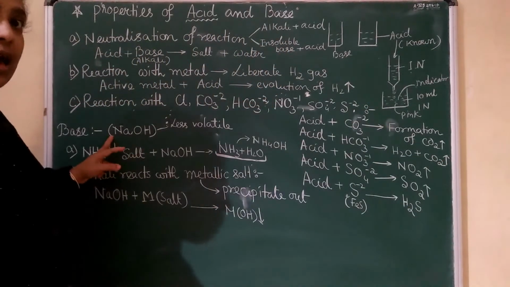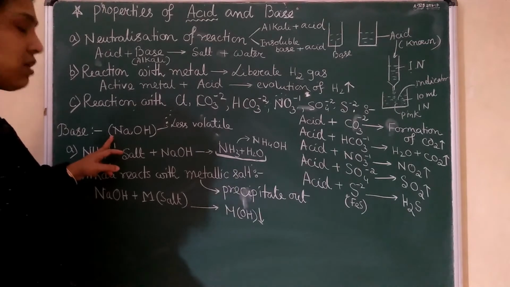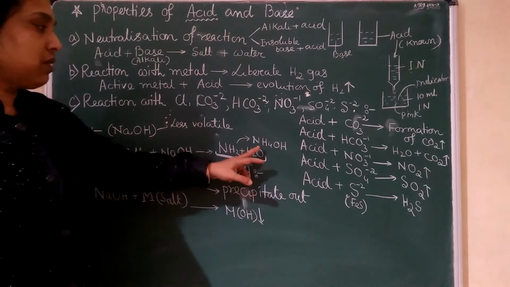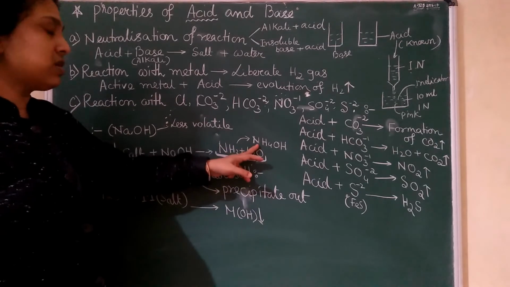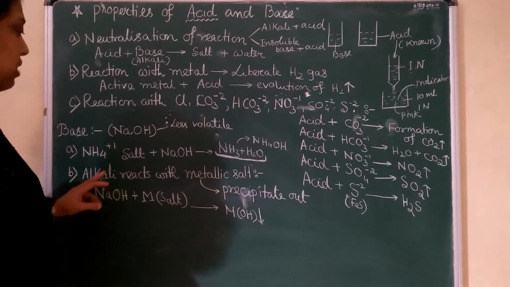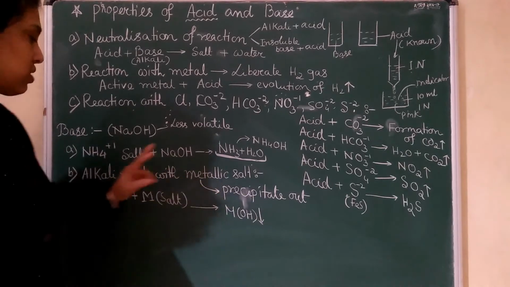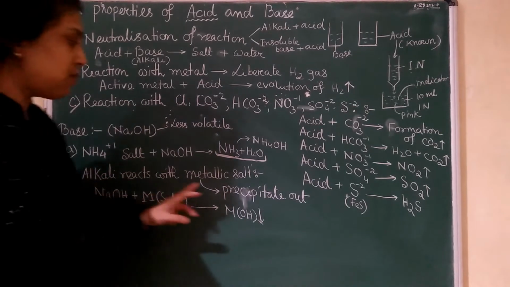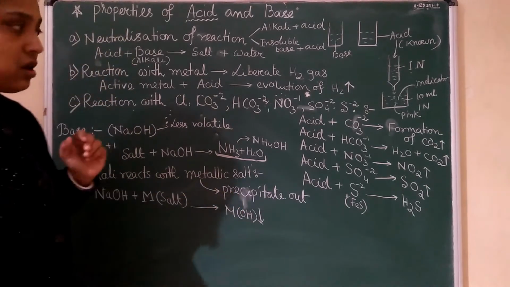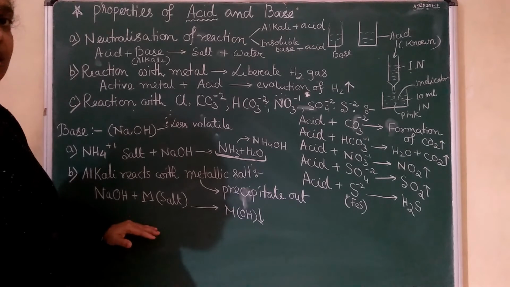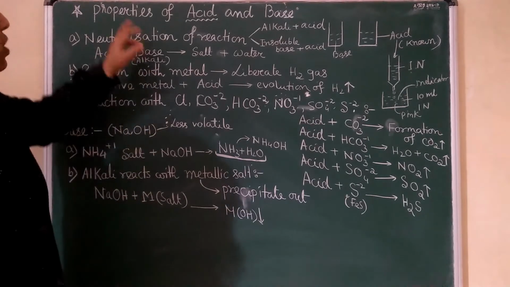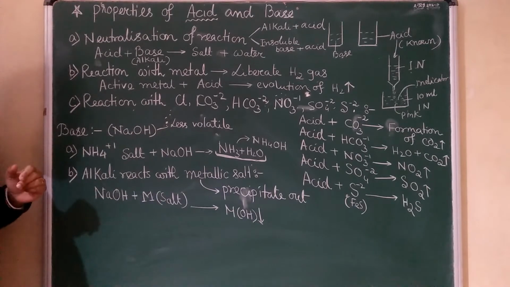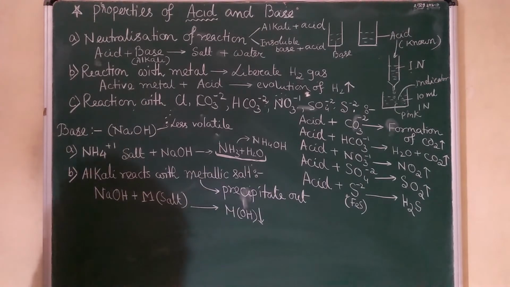When it is an ammonium salt reacting with a base like alkali, it will give you ammonium hydroxide because it is more volatile. And any metallic salt reacting with alkali forms a precipitate. These are the basic things to remember when doing reactions of acid and base. So write it down, then we will do some reactions.